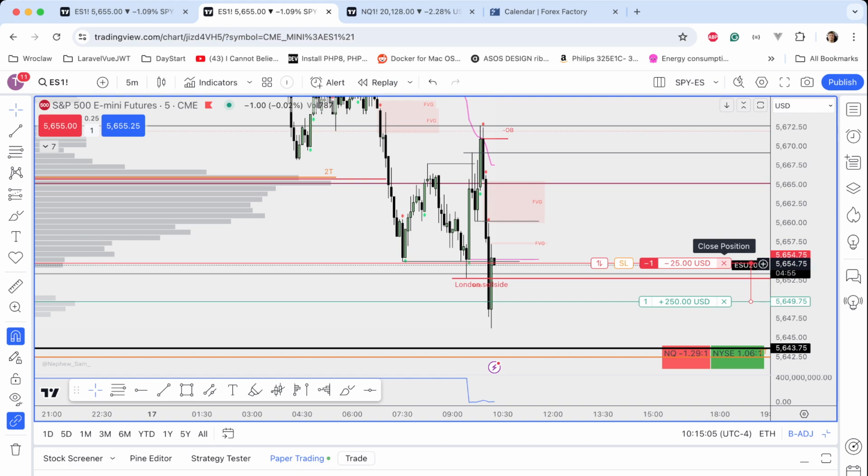Now we're going to drop back into this 50 area, maybe lower. We're going to hold here and push higher. I wish I could see footprint right now.